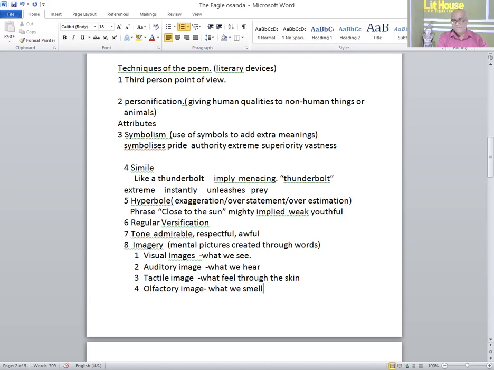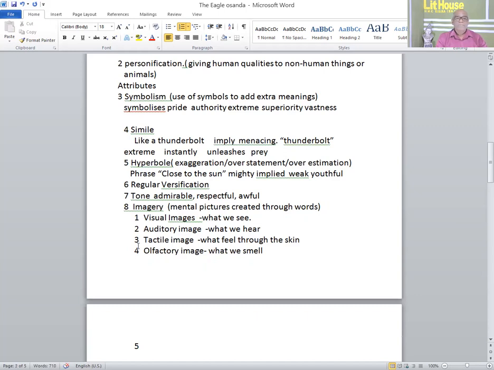Now, burning rice, you have that smell recorded in your mind, the smell of burning rice. Fifth one, gustatory. Very good. Gustatory image: what we taste through our mouth.